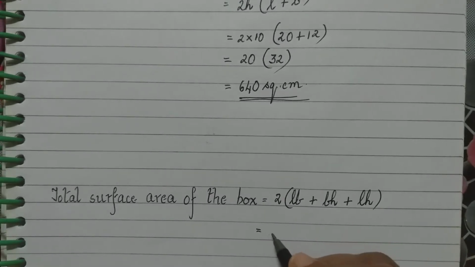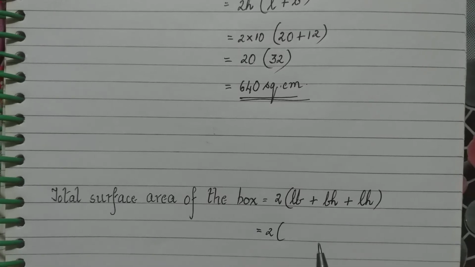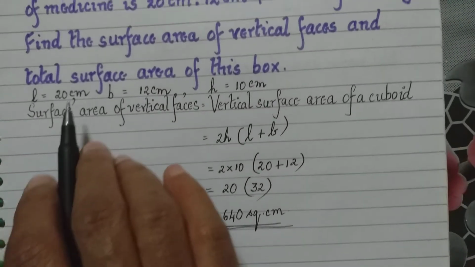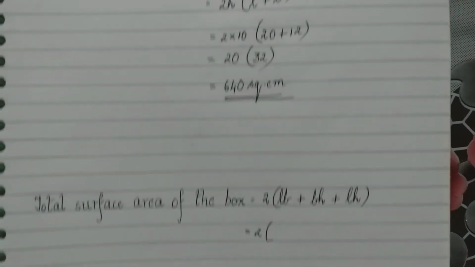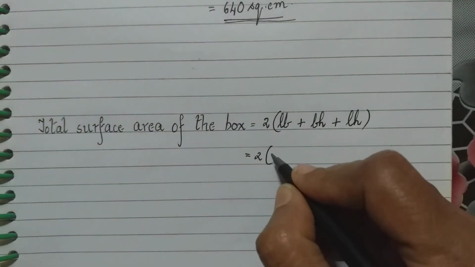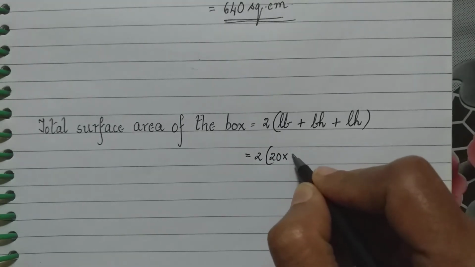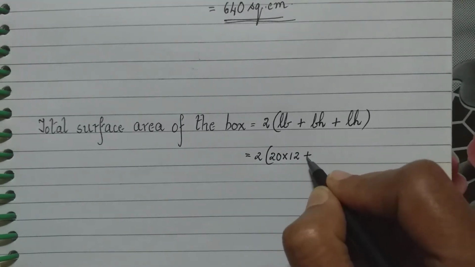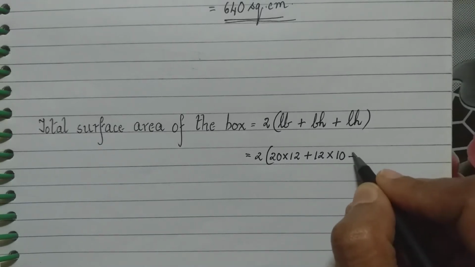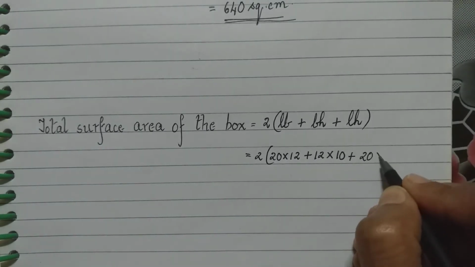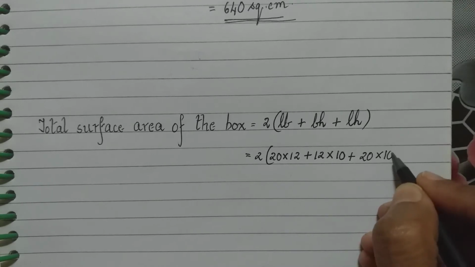So this will be equal to, now we see here what is given. L is 20, B is 12, H is 10. So according to that, 20 into 12 plus 12 into 10 plus 20 into 10.